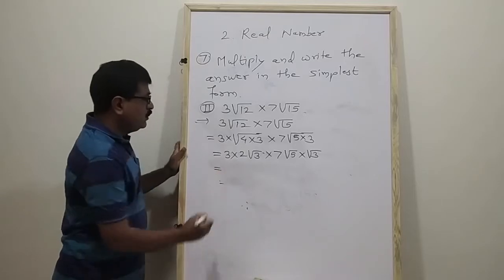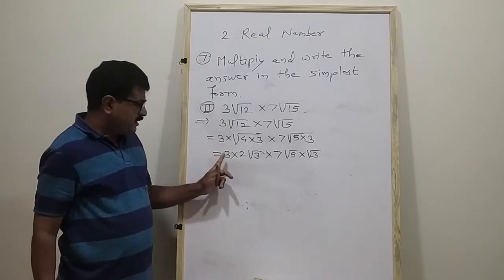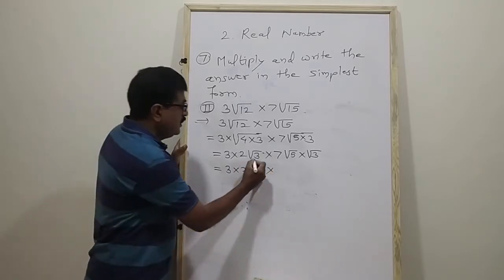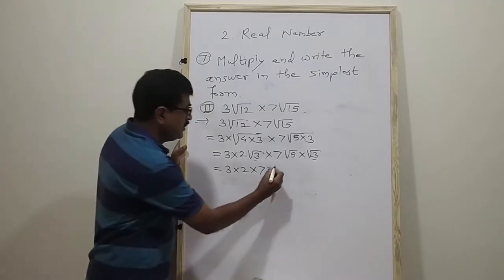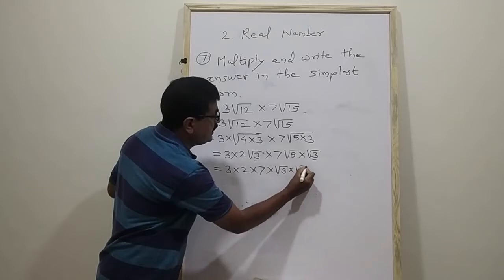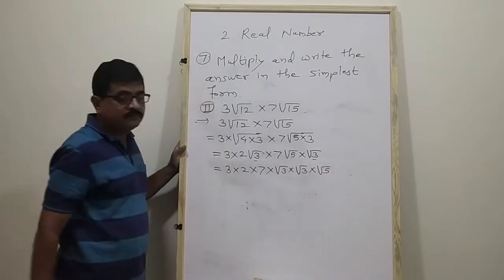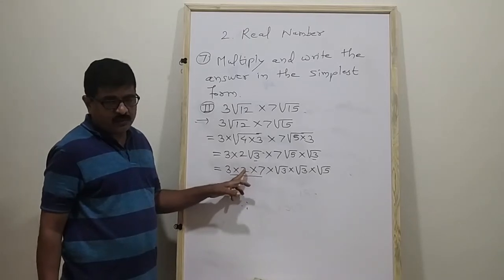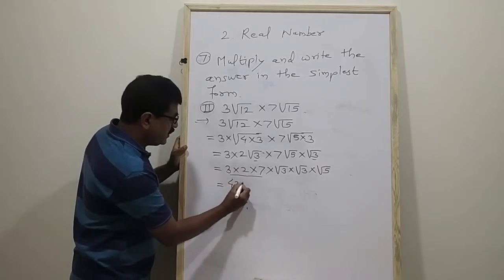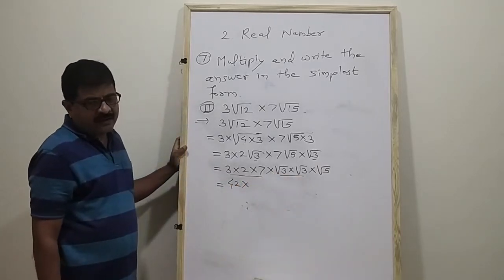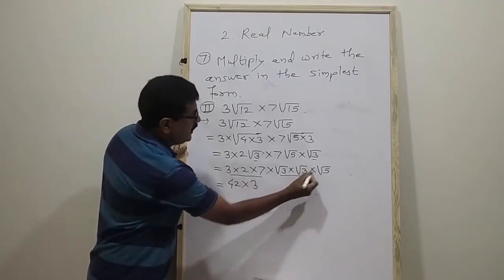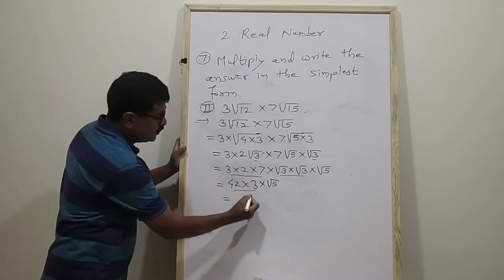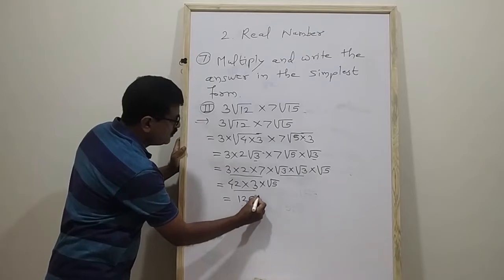is equal to, now take multiplication of this 3, we can write this as 3 into 2 into 7, into, now square root 3 and square root 3, or write down this as square root 3 into square root 3 into square root 5 is equal to, now multiplication of this 3 numbers: 3 into 2 is 6, 6 into 7 is 42, into root 3 into root 3 is root 9, and square root of 9 is 3, into square root 5 is equal to, now multiplication of this 2: 3 into 42 is 126? 3 into 4 is 12 square root 5.